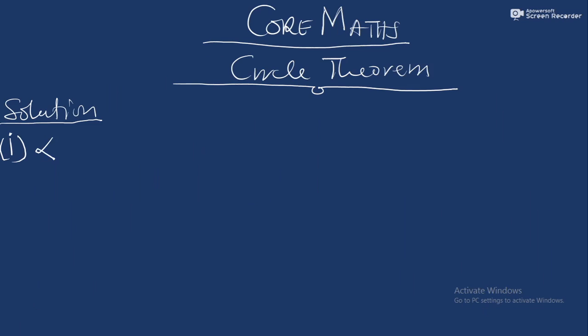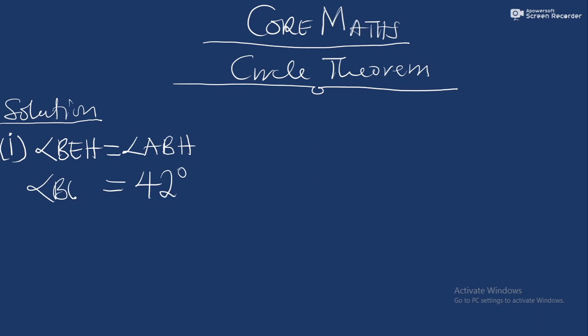So now angle BEH is equal to angle ABH. Okay, so substituting, we are going to have 42 degrees. And then our angle BEH will be equal to that. So the first one, this is the answer to it. Good.